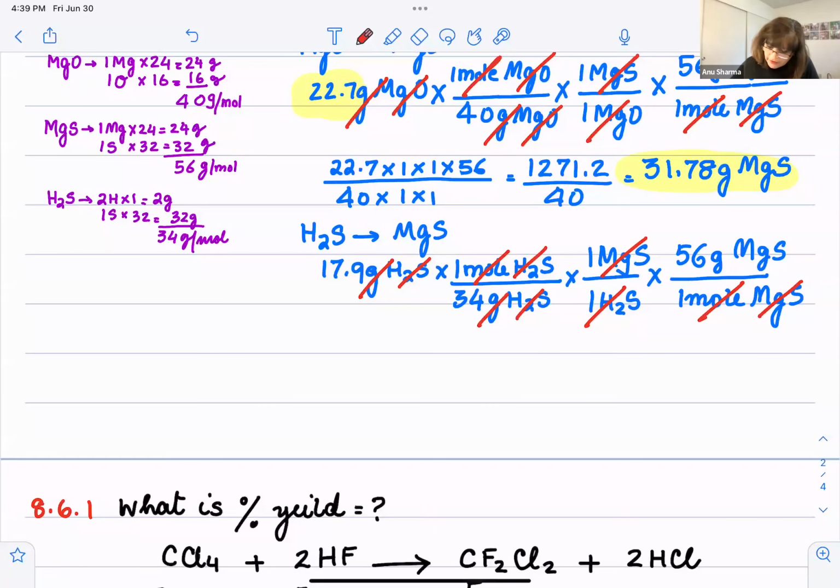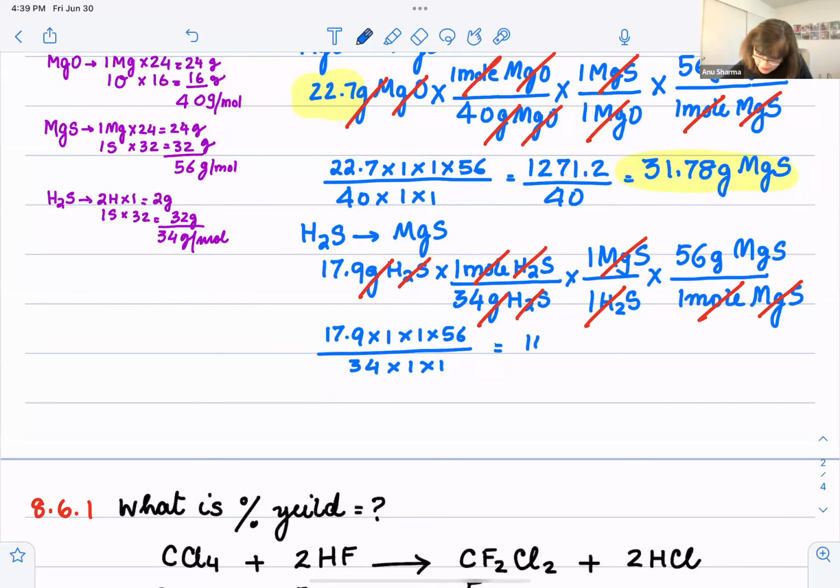Okay, so what do you get here now? You have 17.9 times 1 times 1 times 56, divide that by 34 times 1 times 1. Okay, so what do you get? Here we see 17.9 times 56, and that is 1002.4.